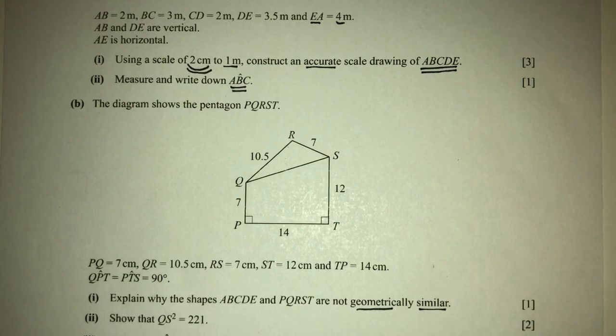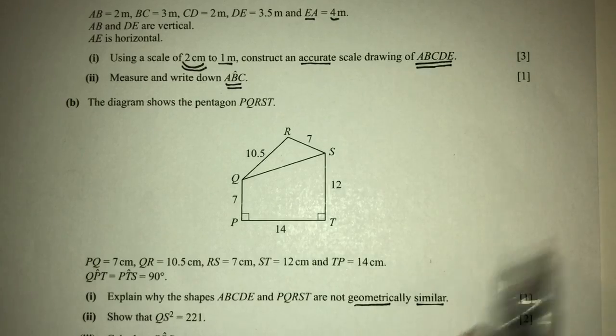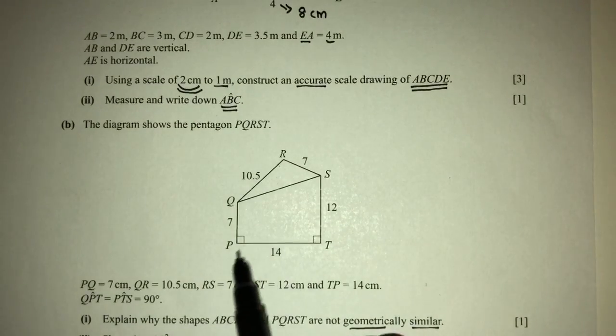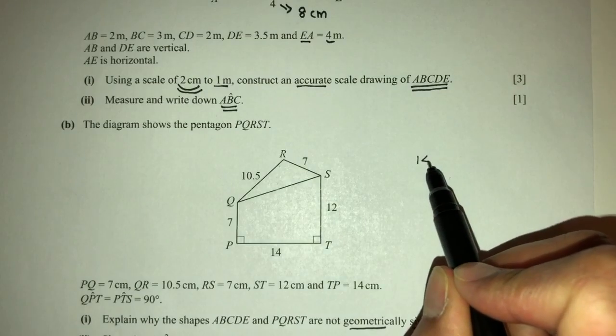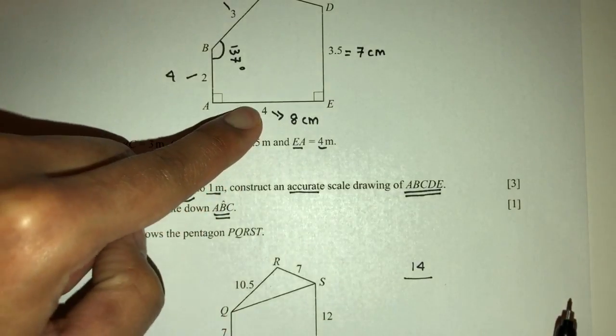So let's see why they are not. We can just compare the corresponding sides. For example, if they were similar, the corresponding sides would be proportional to each other. So let me write this down. For example, if you take this side 14 over, so this is this side, the corresponding side will be here.